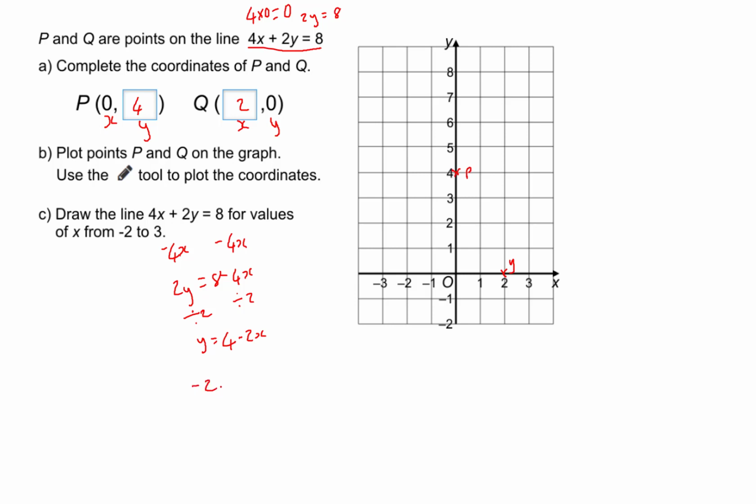If you want, you can draw a table of values. Minus 2, minus 1, 0, 1, 2, 3. That's x, that's y. Let's start with the 0, because that's easiest. So 4 minus 2 times 0. 2 times 0 is 0. 4 minus 0, so that's going to be 4 here. Let x equal 1, so you're going to get y equals 4 minus 2 times 1.